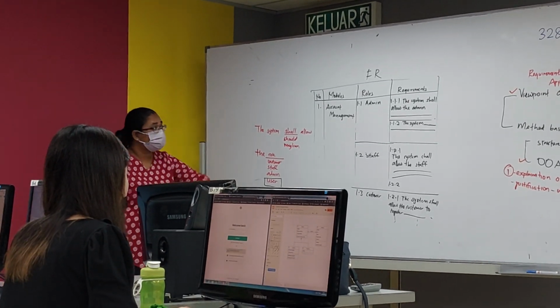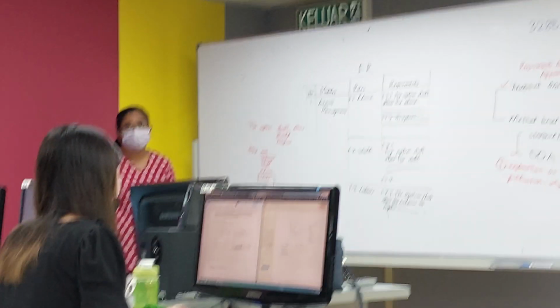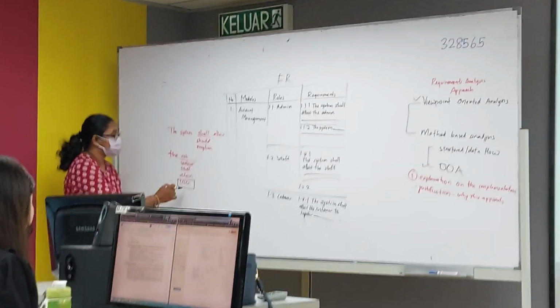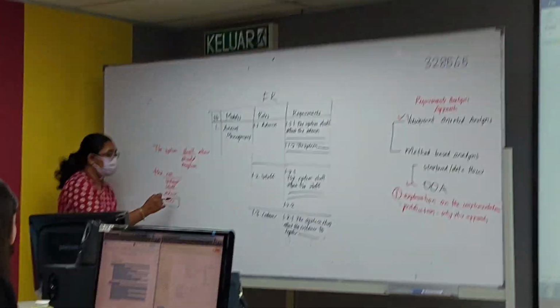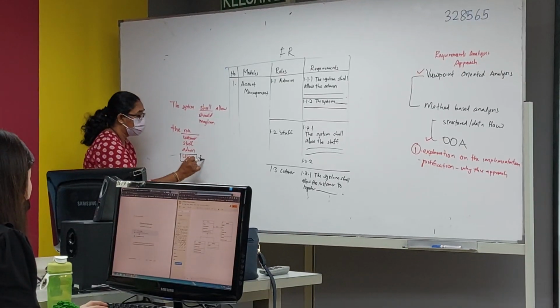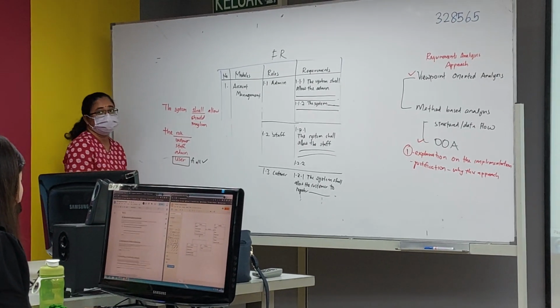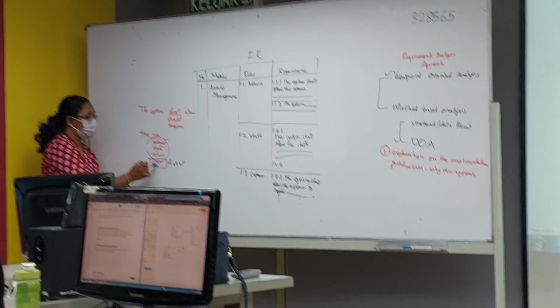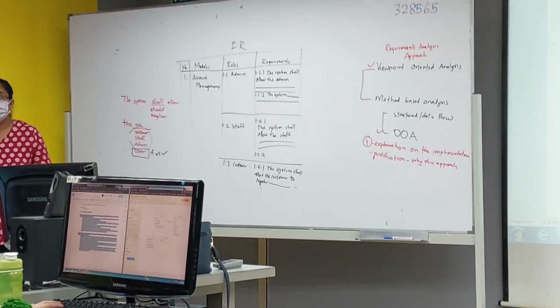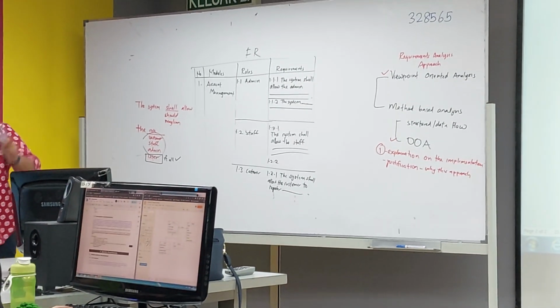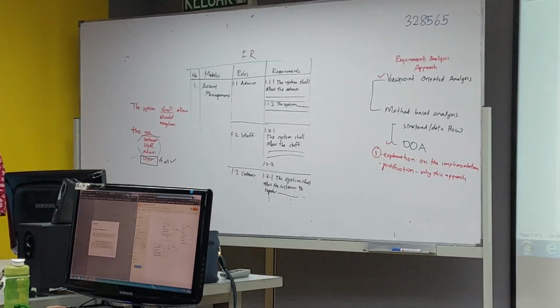When you say user, everyone is the user of the system. Whoever has access to the system will be a user of the system. So are you trying to say that all can do it? If all, then okay for me. If all of them can do it, then you can just use user. But not all. Let's say only two of them or only one of them can do it. They're not suitable to put user.